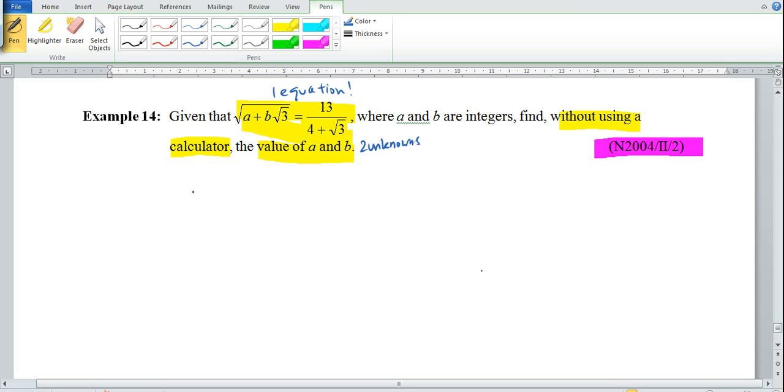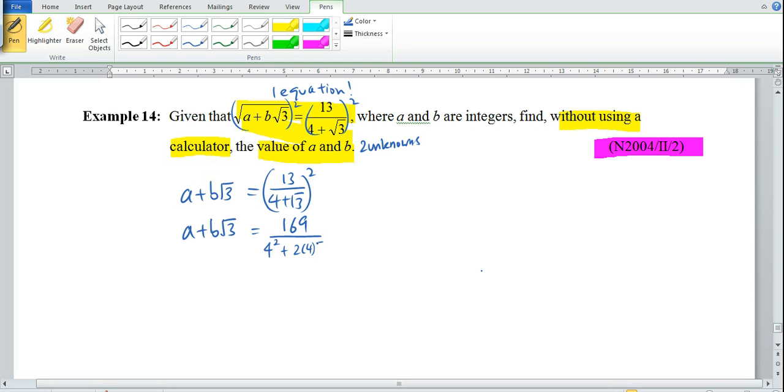If I square both sides, I will get a plus b square root 3 equal to 169 over 4 plus square root 3 squared, and on the left, a square plus 2ab plus b square.